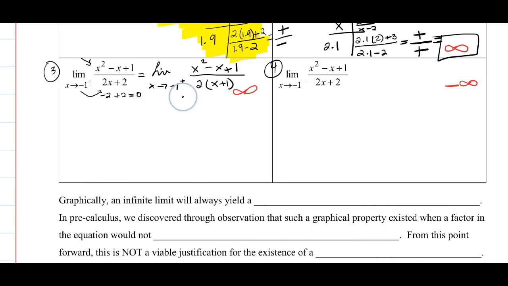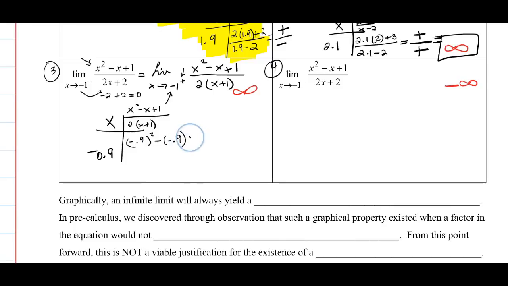So we will try taking a value very close to negative 1, but just greater than, which would be negative 0.9. If x is negative 0.9, and y is this function here, x squared minus x plus 1 over 2 times x plus 1, then I can plug in that negative 0.9. Negative 0.9 squared minus negative 0.9 plus 1 over 2 times negative 0.9 plus 1.